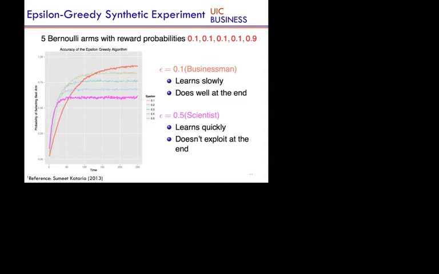What exactly does it mean that the scientist strategy doesn't exploit at the end? I mean, it has figured out. So, the scientist strategy is all about epsilon close to 0.5, right? So it's flipping. Let's say in this case, I have 5 arms. Doesn't exploit at the end in the sense that when you explore, you're getting information about all the arms, right?